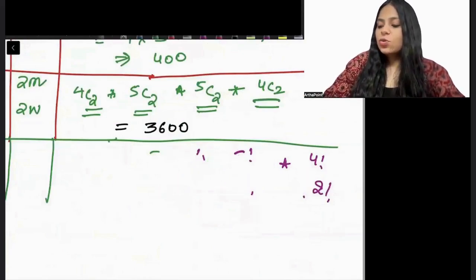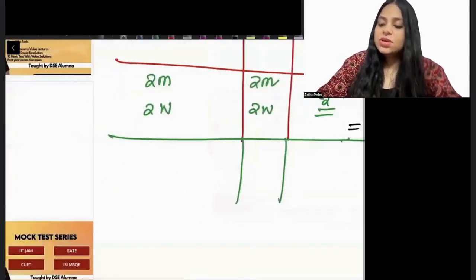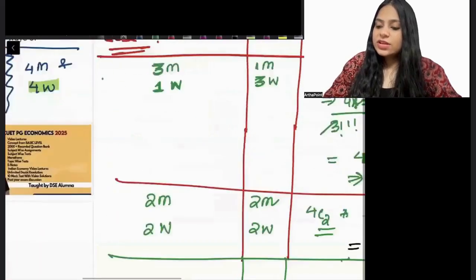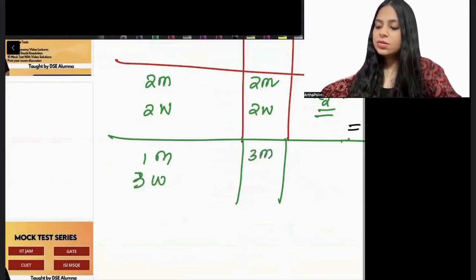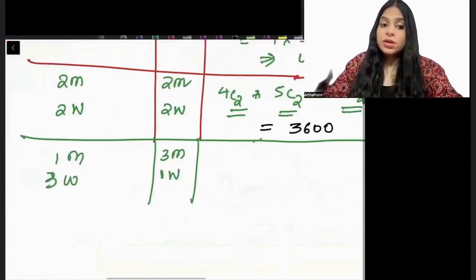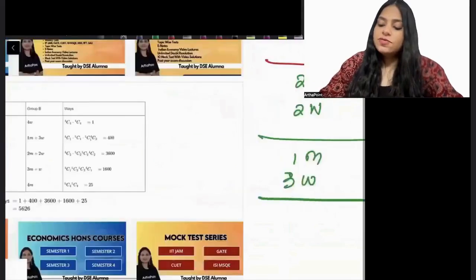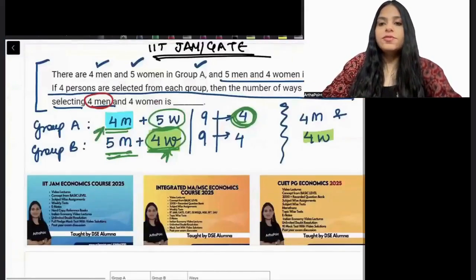So now I can go ahead and take the next case, where I have taken 1 man, 3 women, and from the other group, I will take 3 men and 1 woman. Because in total I need 4 women and 4 men. So how many men do I have in group 1? 4.